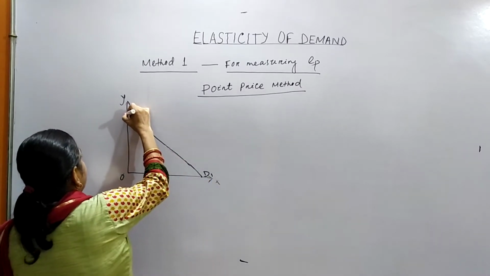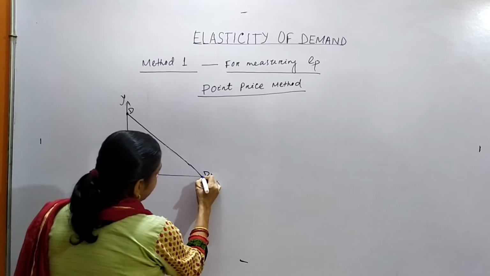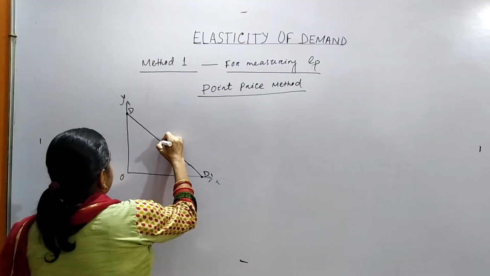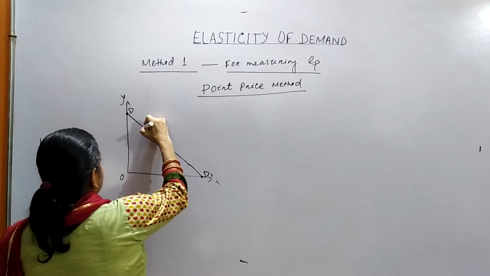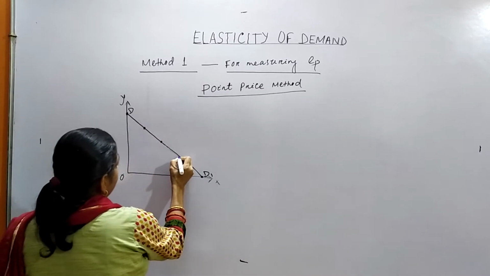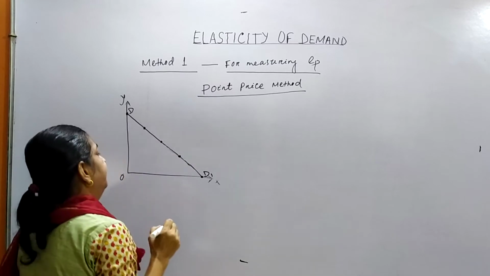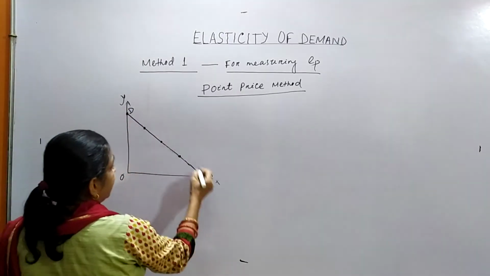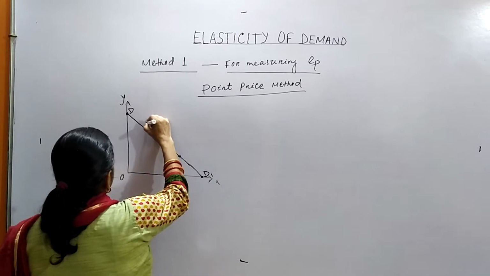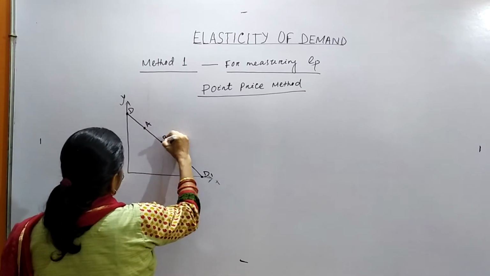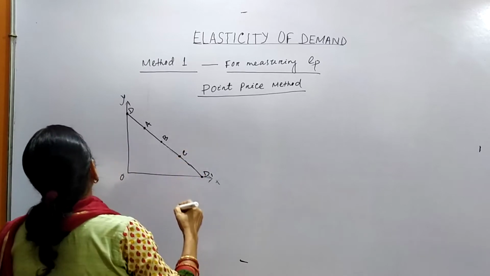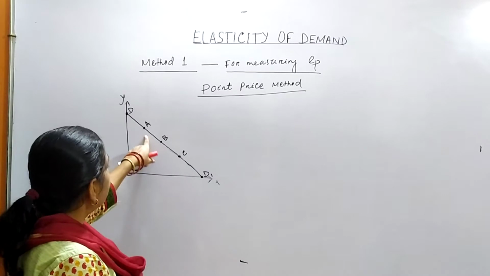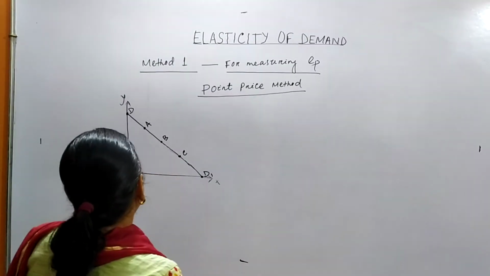This is an extreme endpoint, this is another extreme endpoint. Suppose this is the middle point, this is above the middle, this is below the middle. Now we will name these points. This is D, this is D1, this point you can say A, this point B, and this point C. We have taken only these 5 points, but there may be so many points on a straight line.